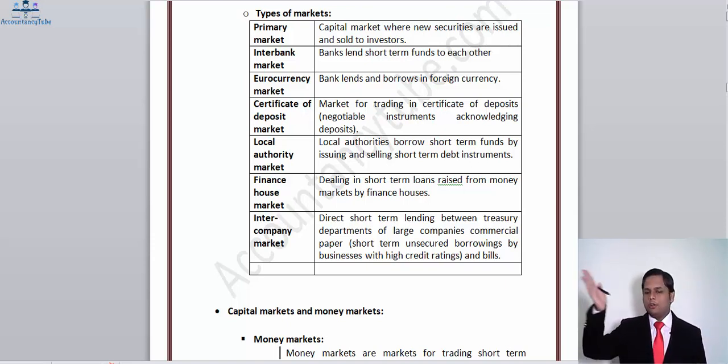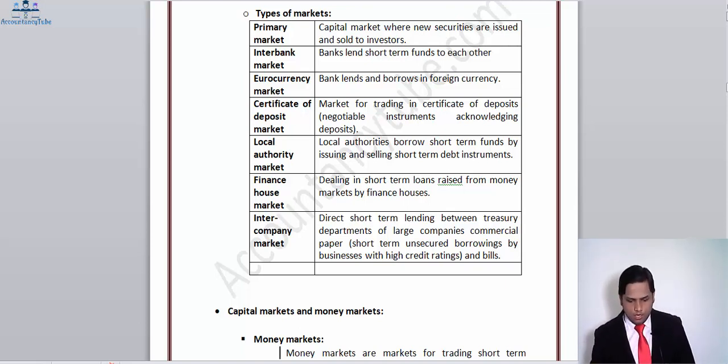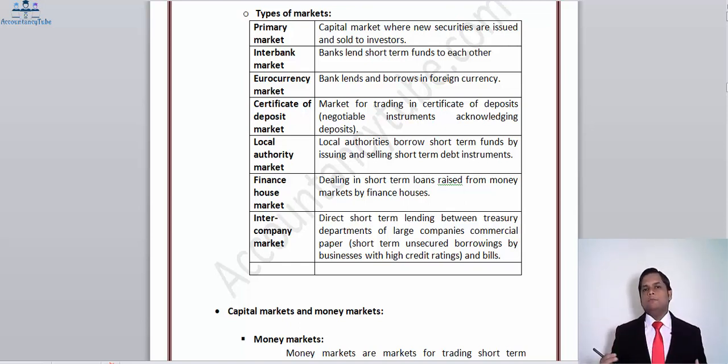Intercompany markets involve direct short-term lending between treasury departments of large companies, and commercial papers and bills are used for that. When companies borrow or lend directly to each other instead of using a bank as an intermediary, for example, I go to another company that shares a similar vision with me and ask them to fund me so that I can expand.